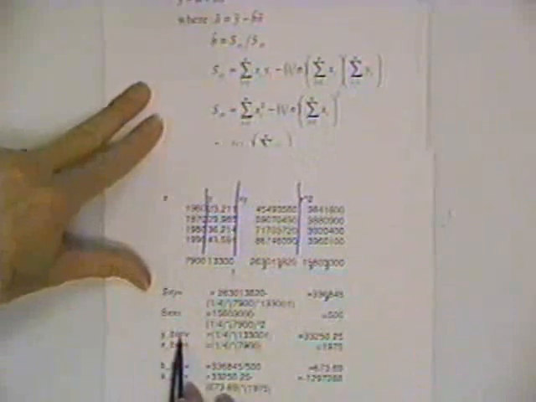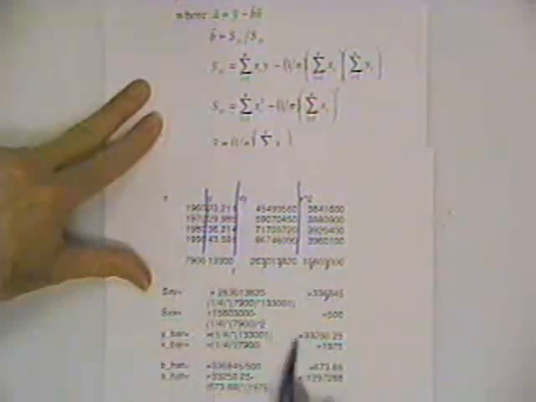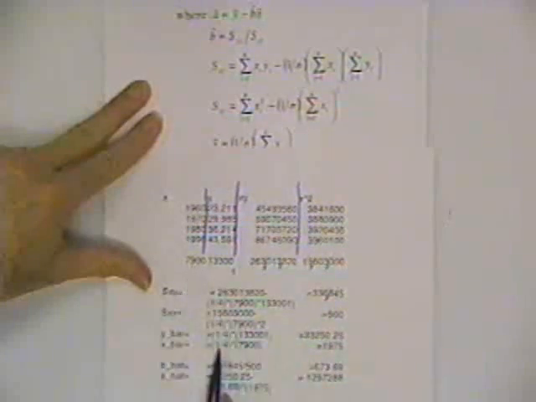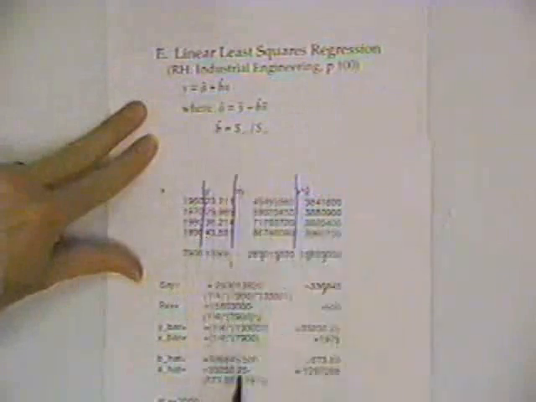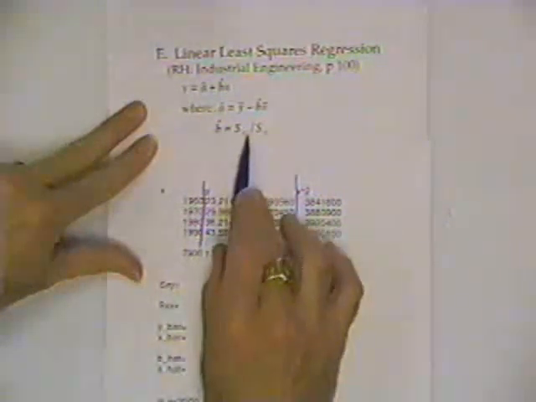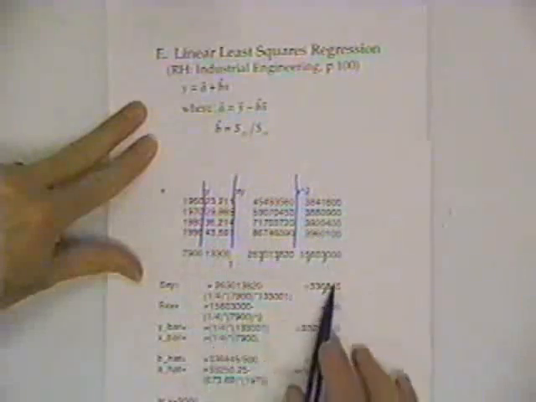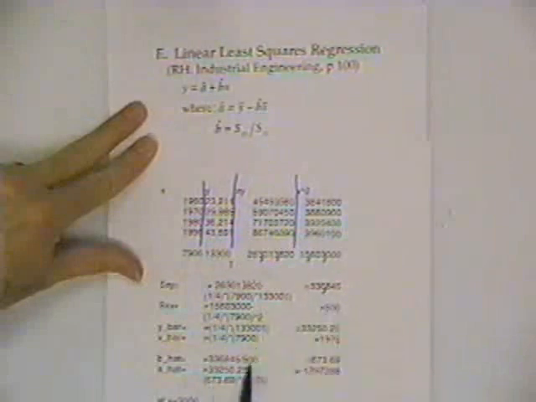Then calculate Y bar, the average, which is the summation of the Y's divided by the number of data points. Get the average X, the summation of the X's divided by the number of data points, 4. You get 1975. Then you can calculate B hat, the slope of the linear function, as S of XY divided by S of XX, which you calculate as that number.